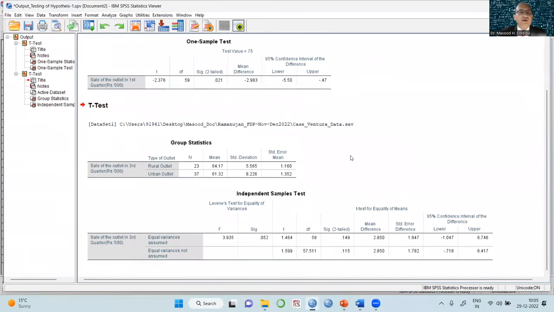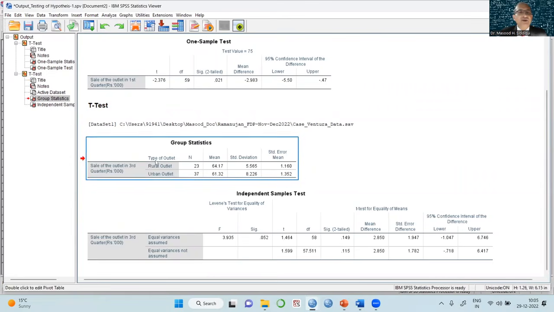So this is the output. This is the t-test output. Here, the first table is the descriptive statistics table. It tells us that the number of rural outlets is 23, and the number of urban outlets is 37. The average sale of the rural outlets is 64 something, 64,000, and the sale of the urban outlets is 61.32.